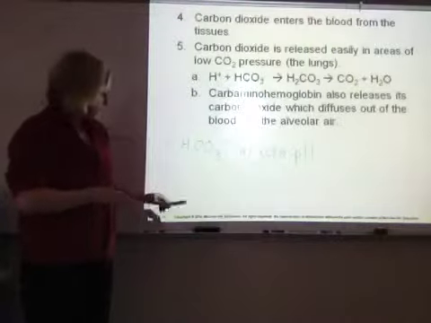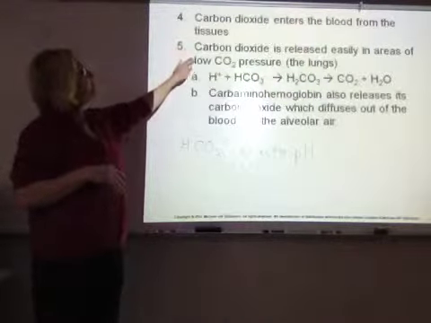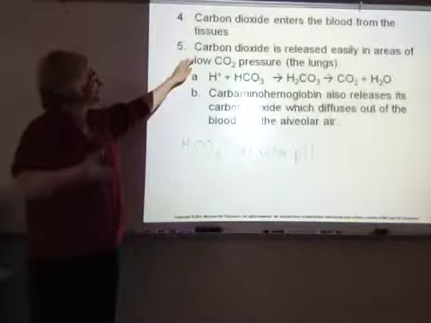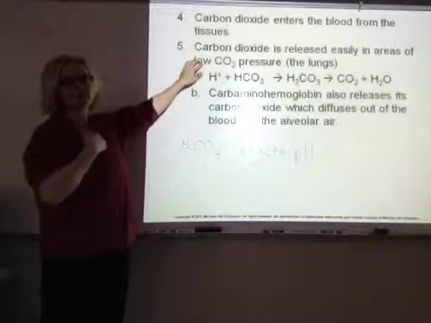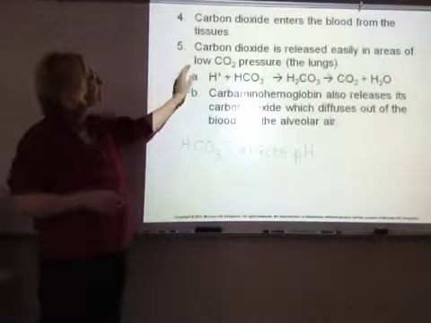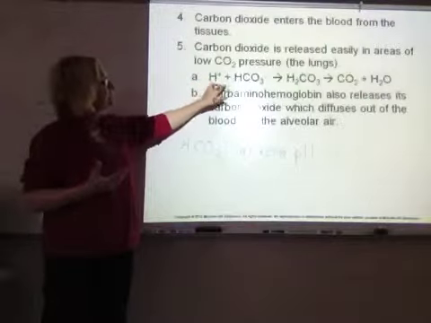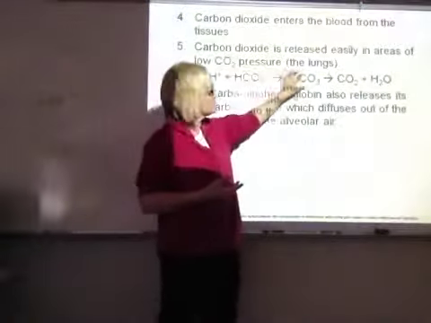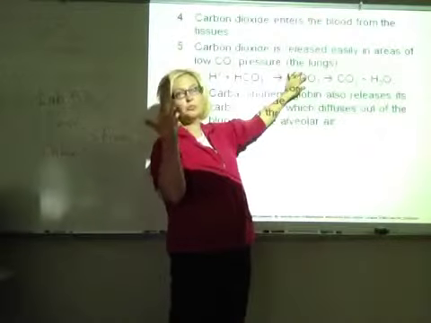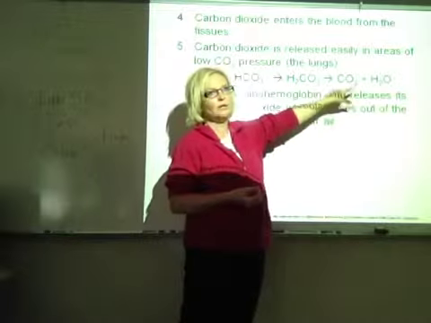So carbon dioxide enters your blood through diffusion from tissues. Carbon dioxide is released easily where there's low CO2 pressure, so your lungs, that's where carbon dioxide is released. Here, what happens then is, here's my bicarbonate ion. I'm going back the other direction, and when you breathe out of your lungs, you produce CO2 and water.